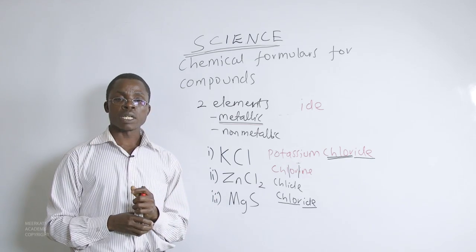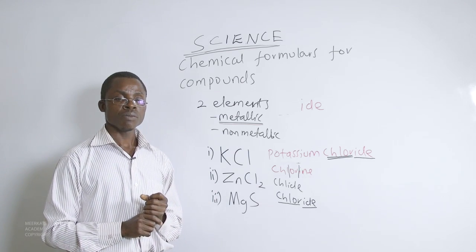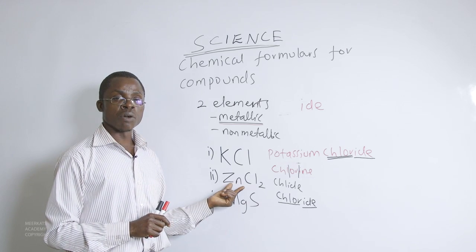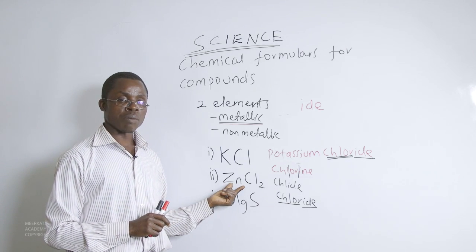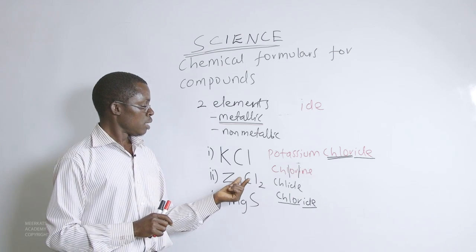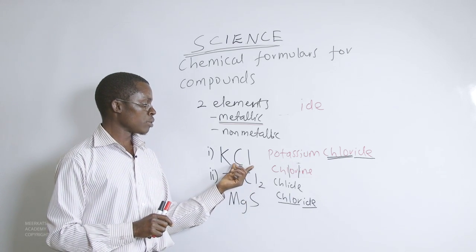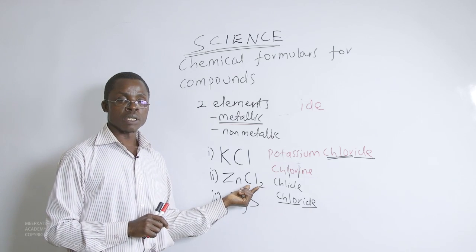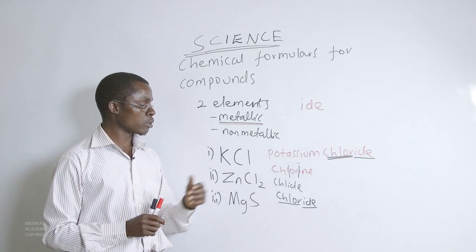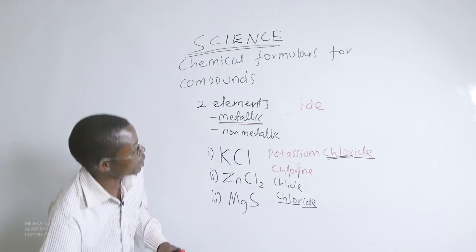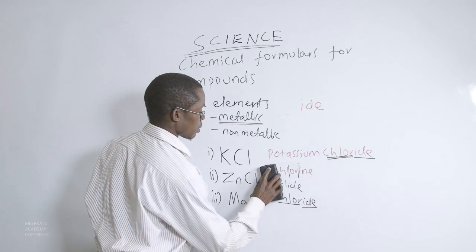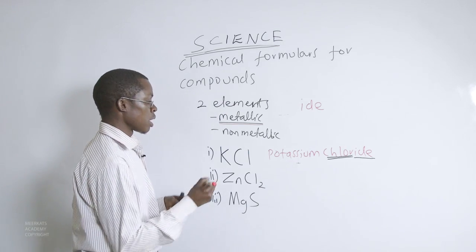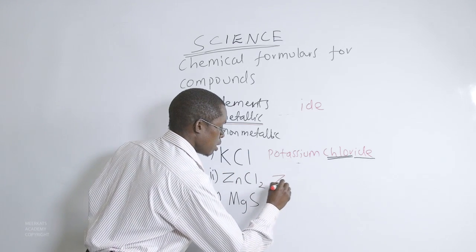Let's look at the second example. Zn stands for zinc as a metal. Cl, as you have seen in the first case, stands for chlorine. Let's still follow the rules as we have done for potassium chloride. So in this one we shall get zinc.